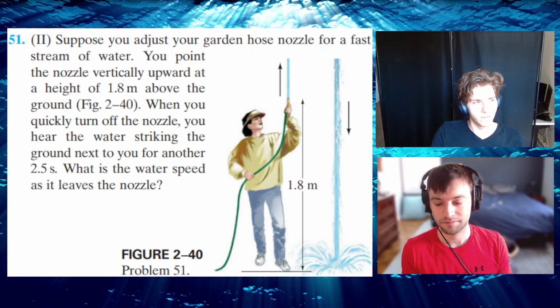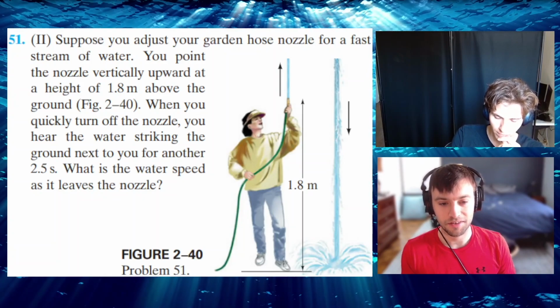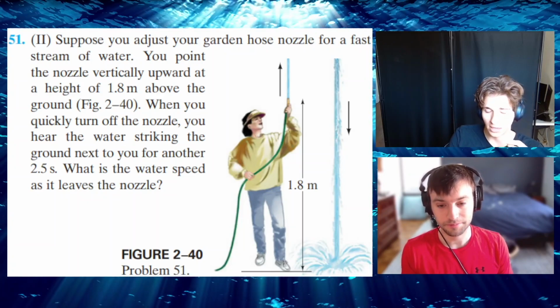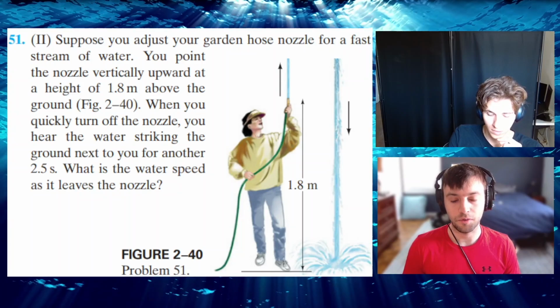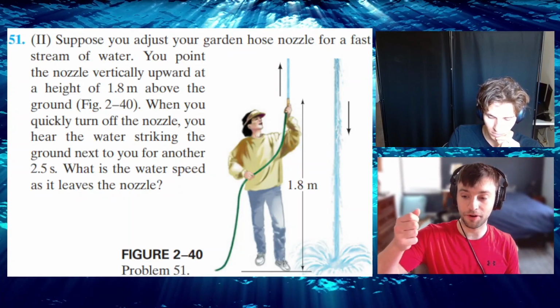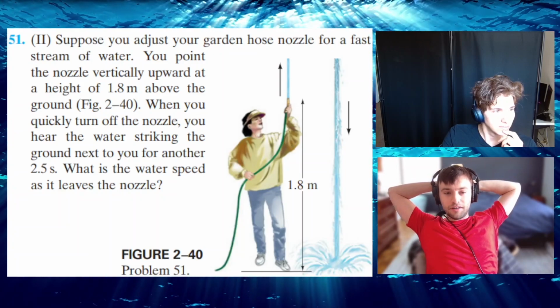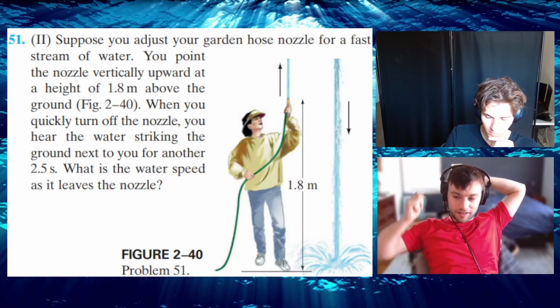So, what are we looking for here specifically? We're looking for the initial velocity of the water leaving the nozzle of the hose. Right, and what are we given? We are given the height of where the hose is above the ground, where the water will leave from. We hear the water striking the ground next to us for another 2.5 seconds.